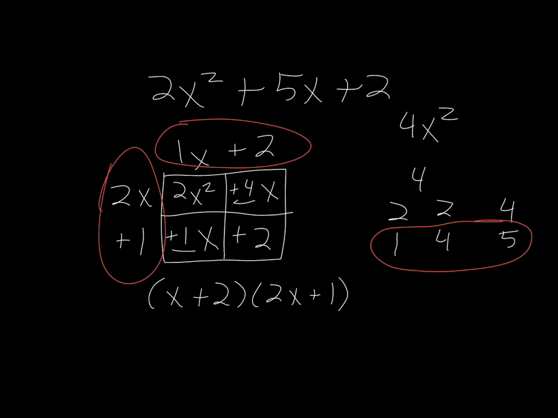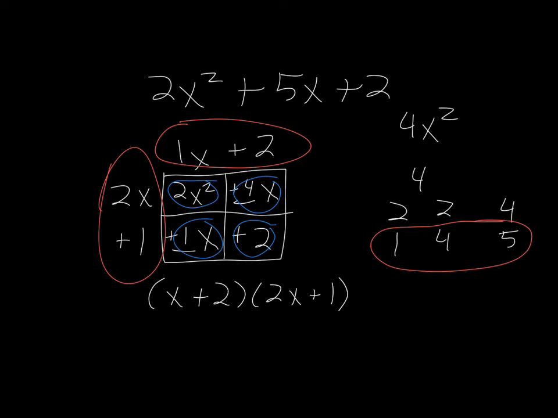So we can have a look and see 1x times 2x equals 2x squared. 1x times 1 is 1x. 2 times 2x is 4x. And 2 times 1 rather is 2. So we can not only do our work, but we can also check our work pretty easily.